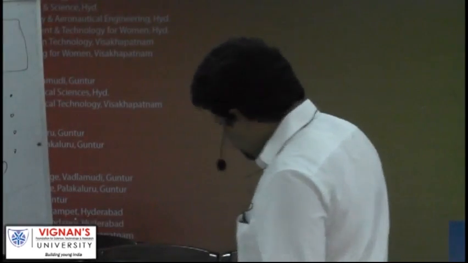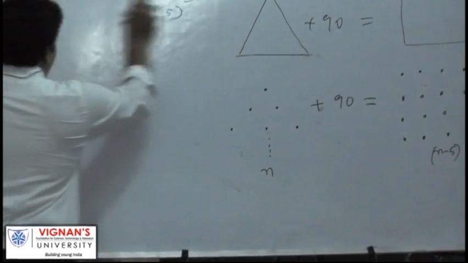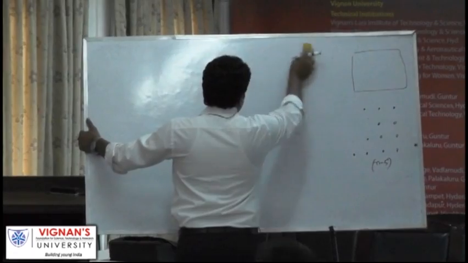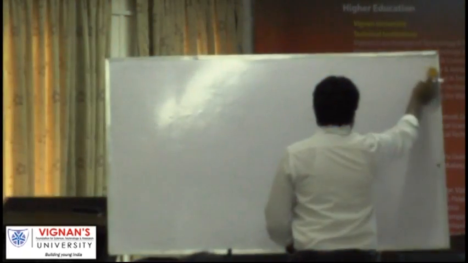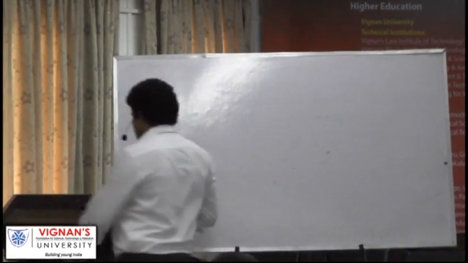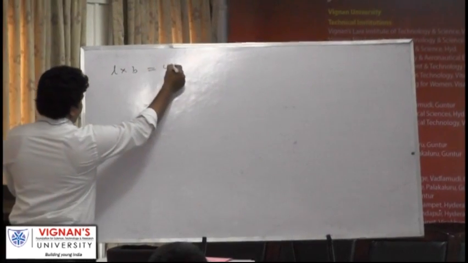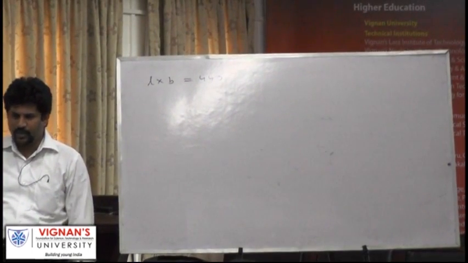Now let us try to find out. Suppose L is the length of the sheet and W is the width or breadth of the sheet. What is the area? Length into breadth, 440 square centimeters.